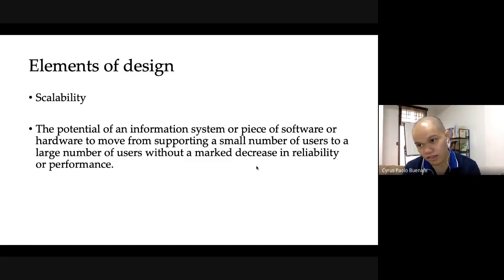You scale from a smaller number and are able to work with larger numbers without noticing any difference in performance. Now, if you start putting more users into the system and everybody notices that the performance has been deteriorating, then your system is not scalable.